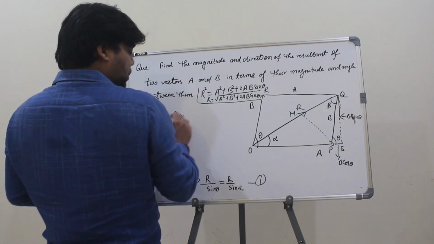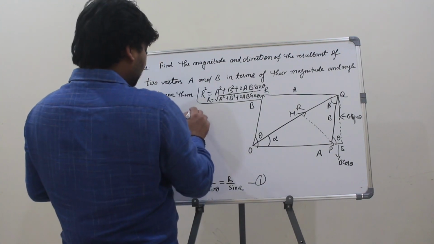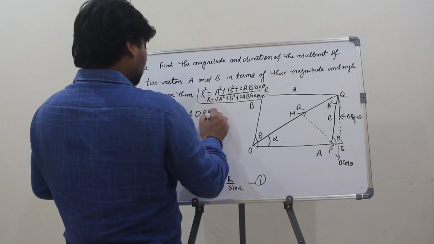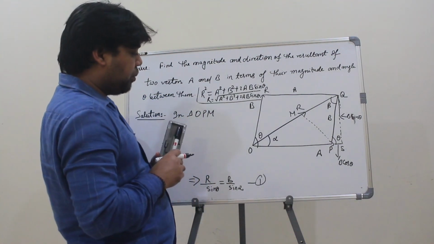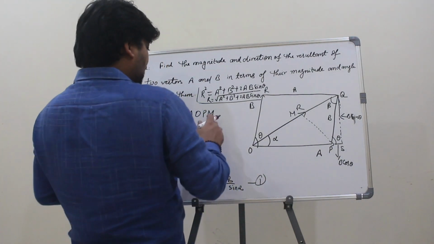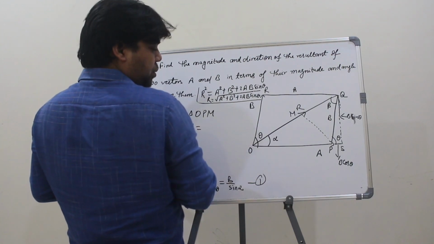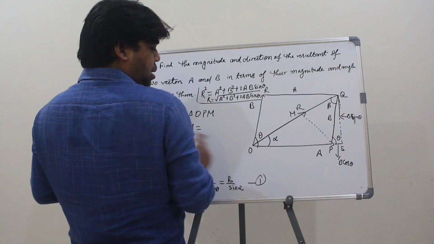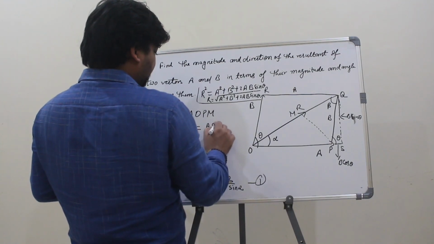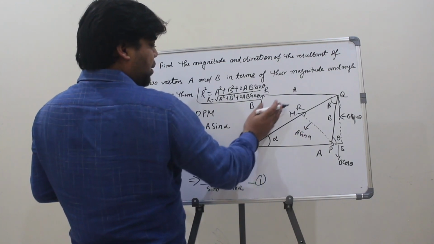In triangle OPM, PM equals A sin alpha, where this is A and this is A cos alpha.